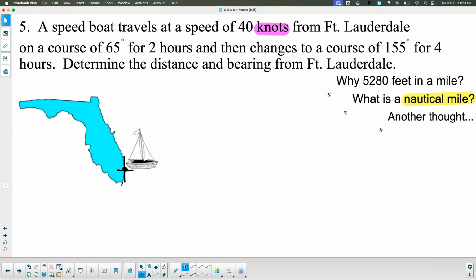And I got to get a 65 degree angle coming out of there. Agree with that? So this angle right here is 65 degrees.